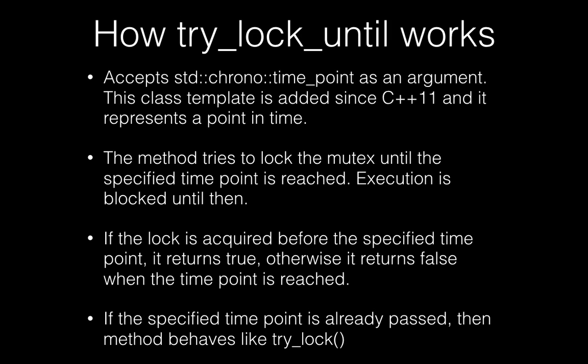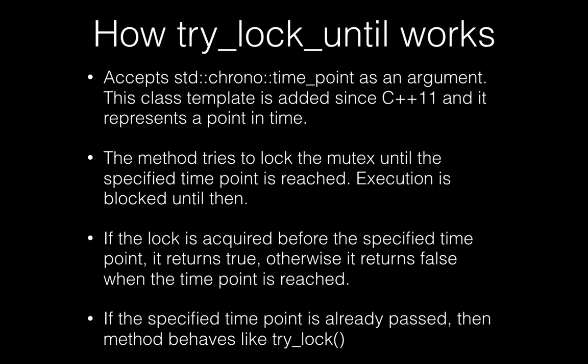Now let's see how the try lock until method works. This method accepts another template class added since C++11, called std::chrono::time_point, which represents a point in time. The method tries to lock the mutex until that point is reached, and execution is blocked until then.